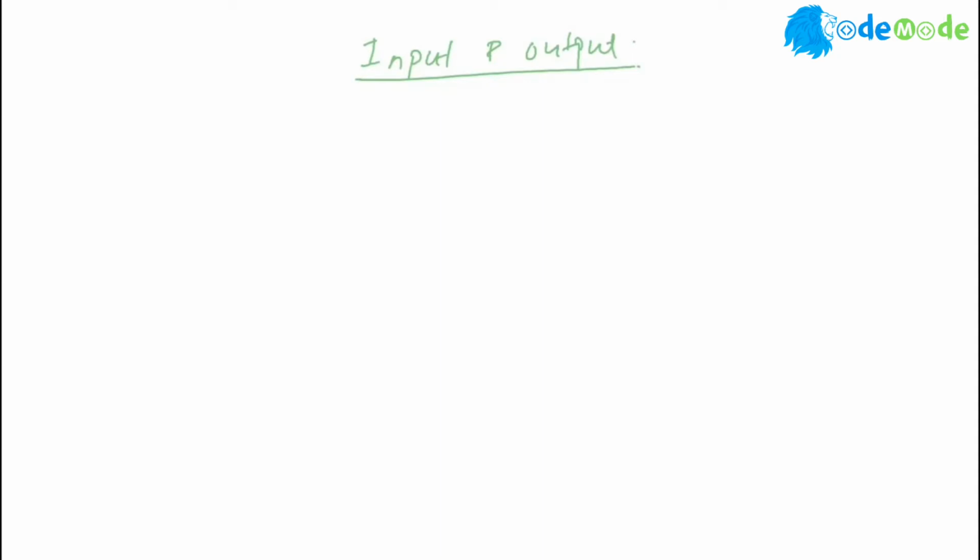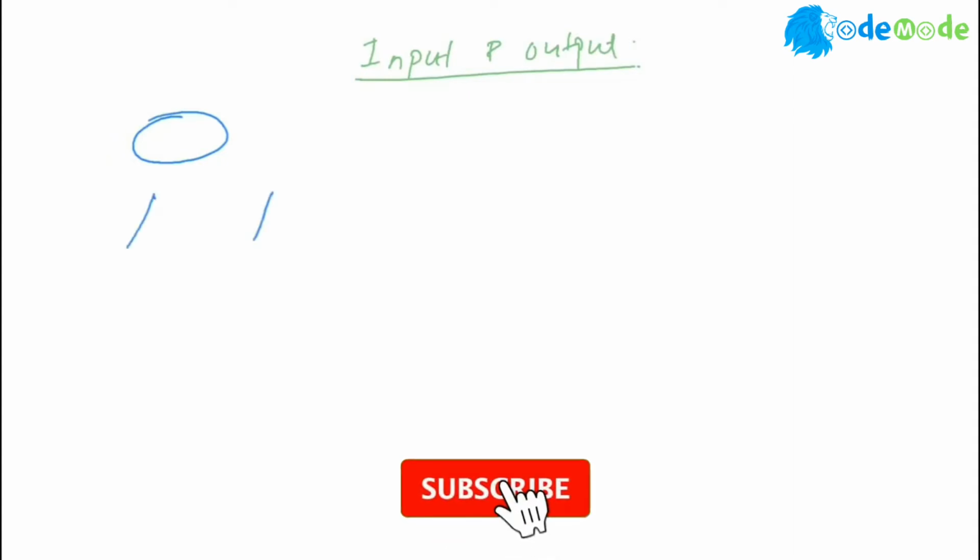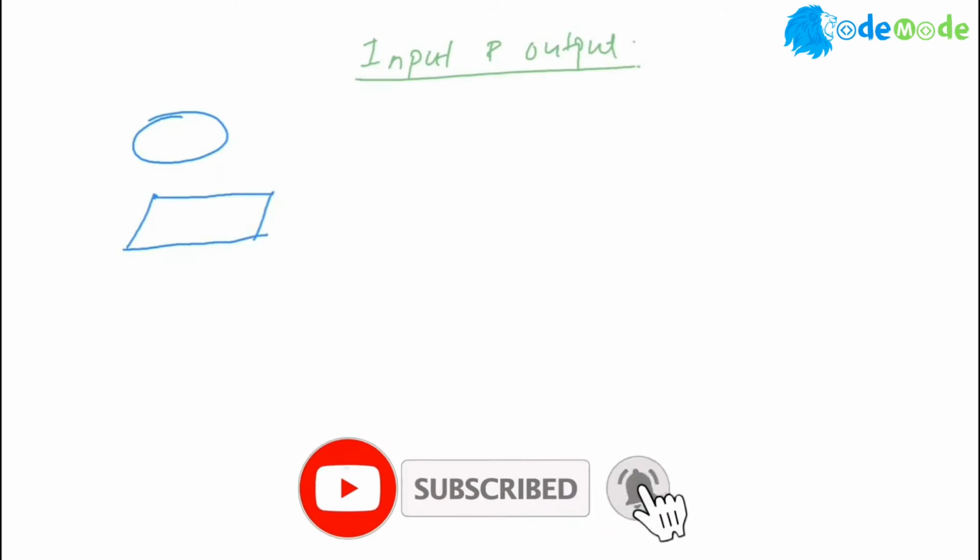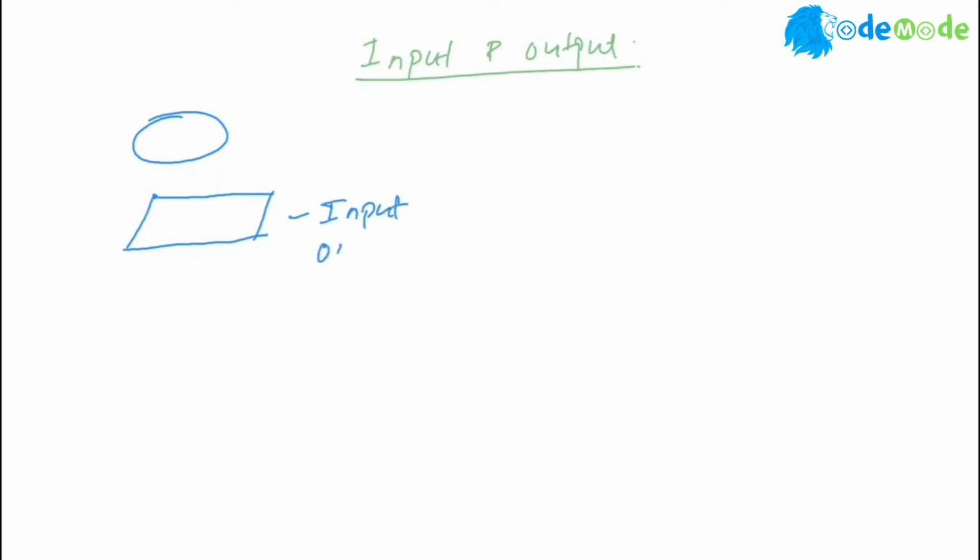In the flow chart, you must have seen that we declared a start and end. We used an oval. For input, we used a parallelogram. Now, this was for input and output. It was also for the output, and you will see this in all of the flow charts.